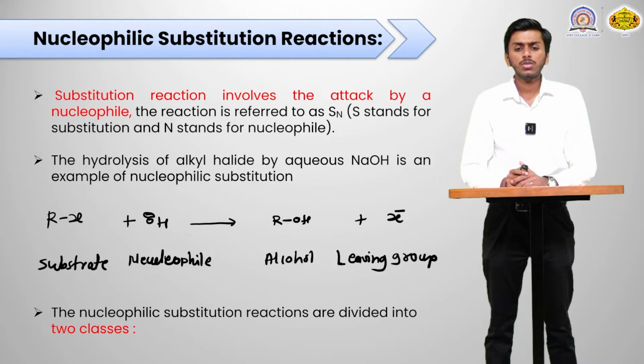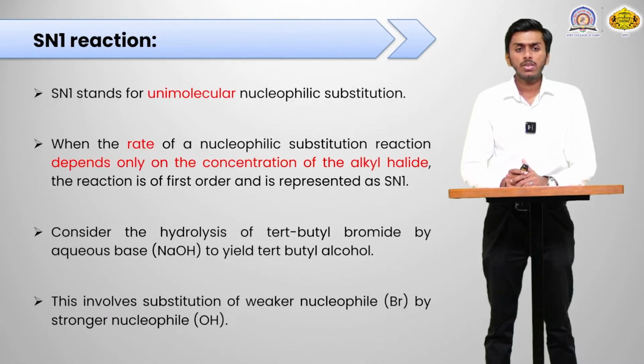The nucleophilic substitution reactions are divided into two classes. Sn1 reaction. Sn1 stands for unimolecular nucleophilic substitution. When the rate of nucleophilic substitution reaction depends only on the concentration of alkyl halide, the reaction is first order and represented by Sn1. S for substitution, N for nucleophile and the 1 represents unimolecular nature.